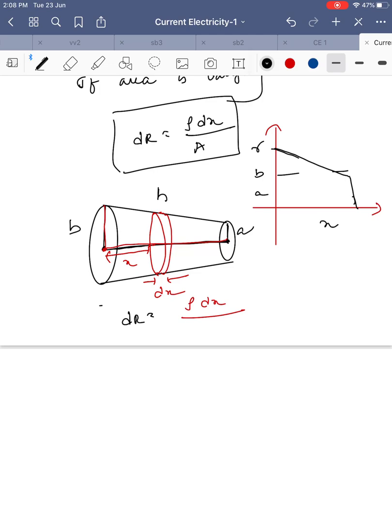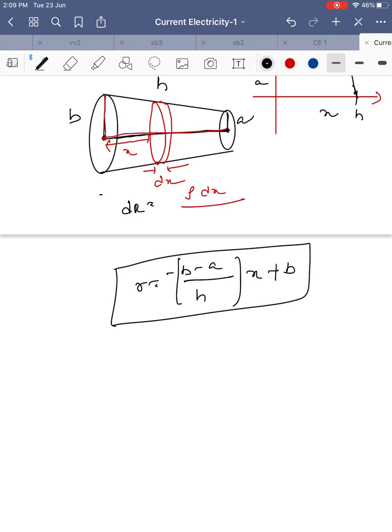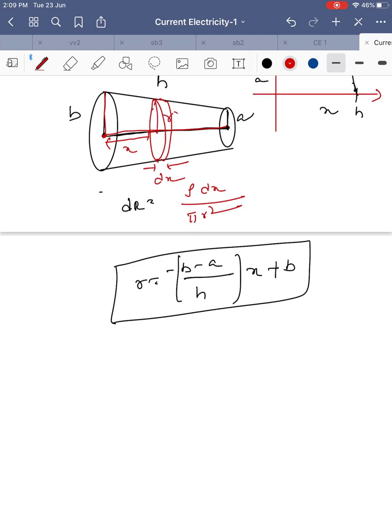So the slope is decreasing, r is equal to minus of b minus a upon h into x plus b, because at x equal to h the radius is a. If you didn't understand, solve the graph equation and you will understand it. So the area is pi r square. Our task is to find the radius here.